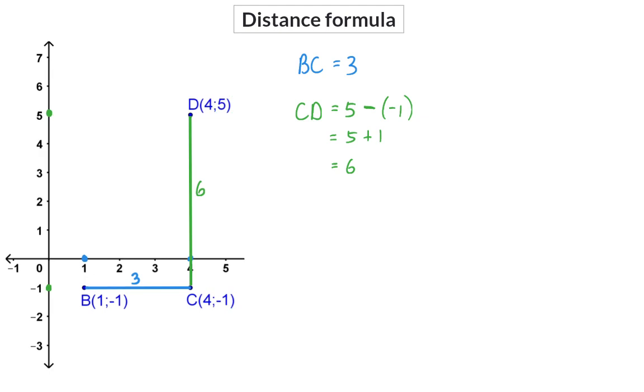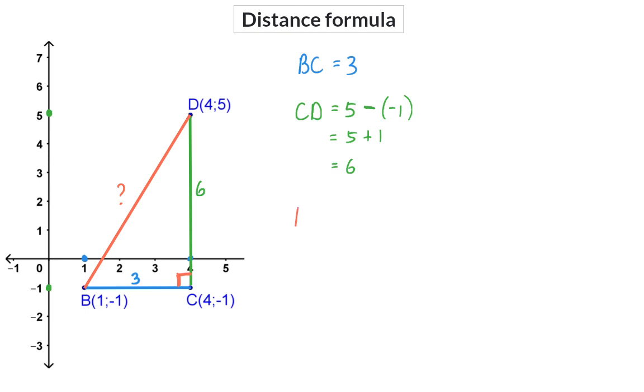What if next up I ask you for the distance from B to D? This is not a horizontal or vertical line. Can you see that this line lying at an angle forms the hypotenuse of a right-angled triangle? This means we can determine this length by making use of the theorem of Pythagoras.